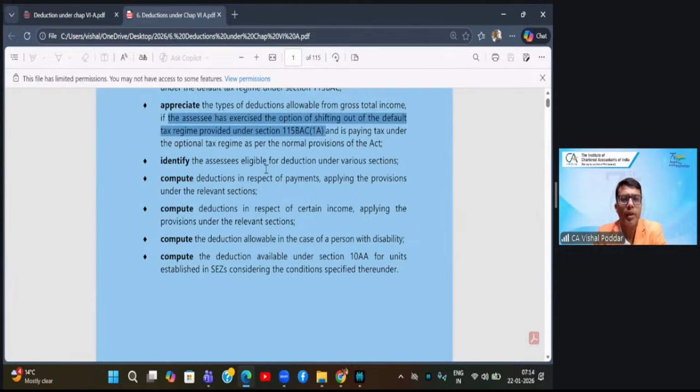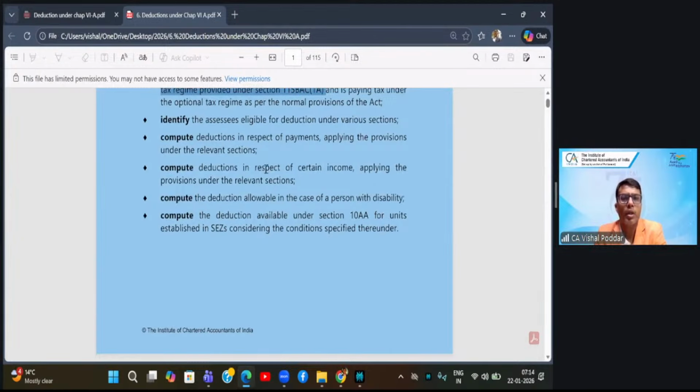Next, what you have to study is the various deductions under this. Certain deductions will be allowed on the basis of payments, like payment of donations to certain organizations or payment of certain amounts. What are those amounts, you'll come to know.